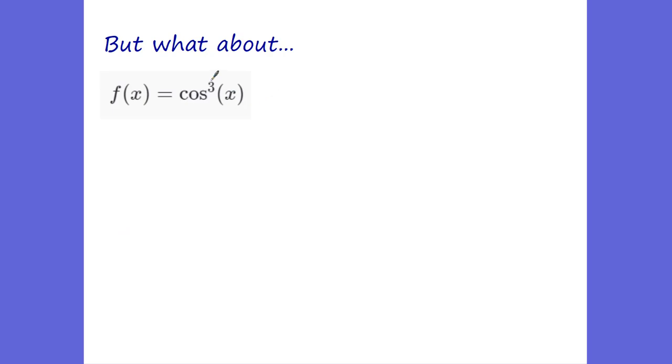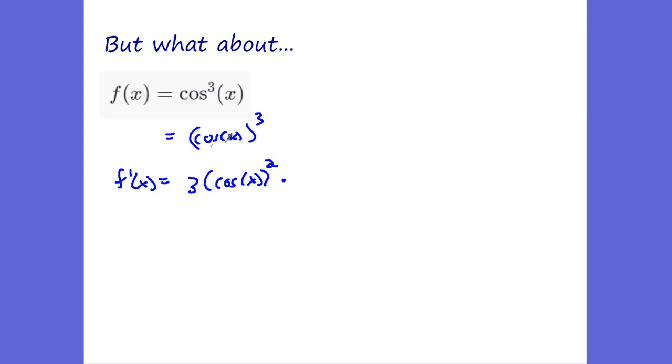Let's take a look at this one. So this one, think of your u, or whatever your inside function is, cosine of x. So this is really saying cosine of x cubed. Okay, so when we do our derivative here, we're going to use the power rule. We're going to multiply out by 3, keep the inside guy the same. This 3 goes down by 1, and that becomes 2.